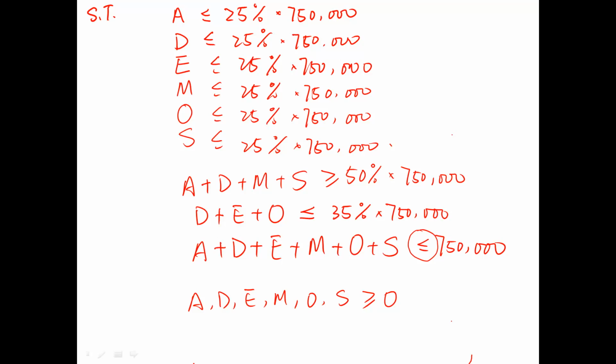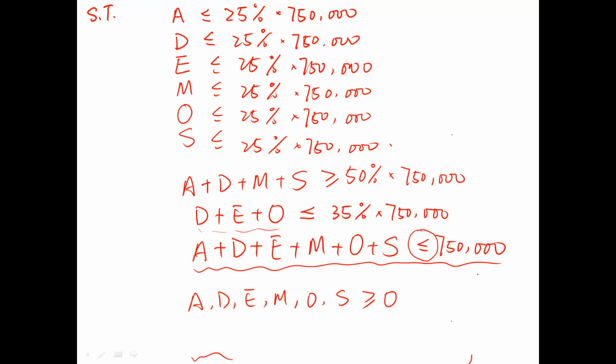In other words, when we put this less than or equal to sign here, we're saying we should not invest more than what we have. So there is a chance that we are not investing all the $750,000, maybe because of this constraint, we can't invest more than 35% in these ones. So maybe because of that constraint, we're not able to invest all the money.